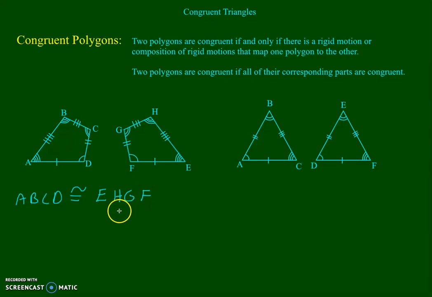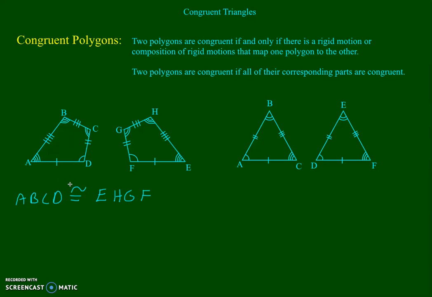It also gives us a relationship for the sides. You'll notice that AB here has 4 hash marks, and EH has 4 hash marks. GF is in the same position as CD. CD has 2, GF has 2, and so on. So these congruent statements are critical in being able to determine what part corresponds to what part in these congruent polygons.